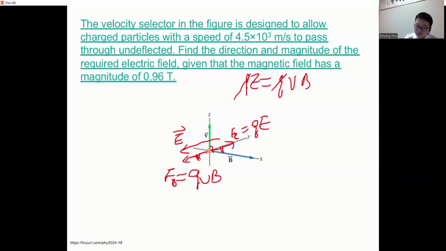You can see the Q cancels, so your E field should be just equal to V times B. We have both V, which is 4.5 times 10 to the third, so E is equal to 4.5 times 10 to the third times B.